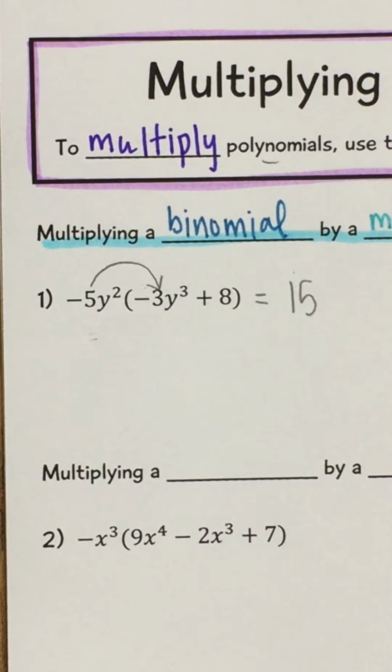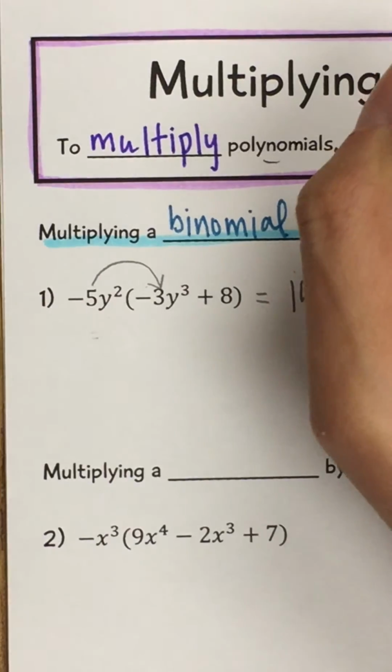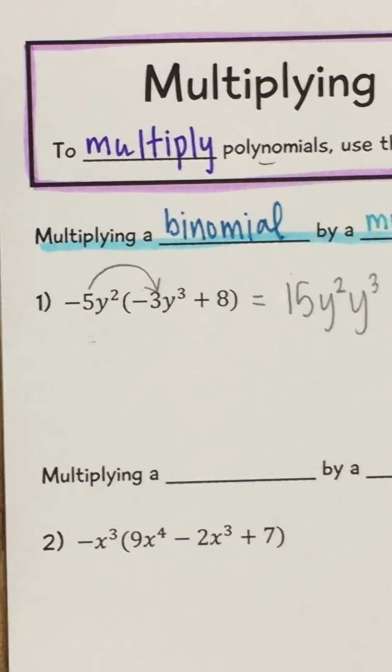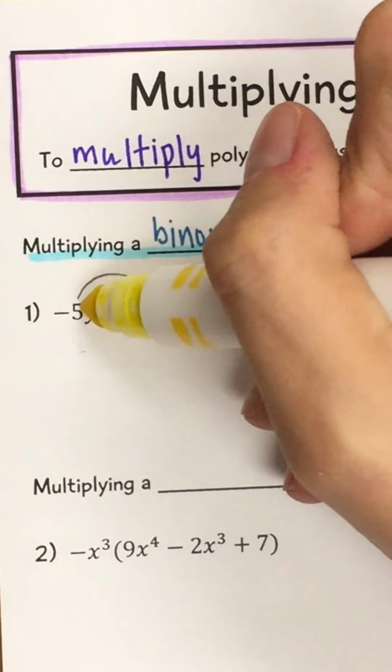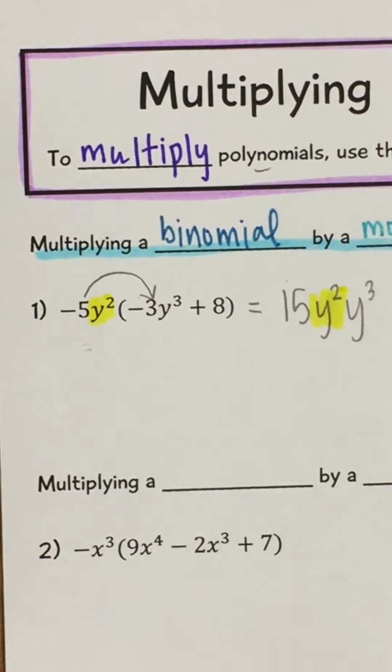But then when I write out the variables, I'm going to do something a little bit weird. I'm going to write them as their exponential expressions. So what I mean by that is you have a y squared and a y cubed. Just to make sure that everything is as clear as it can be, this y squared is now right here in that problem.